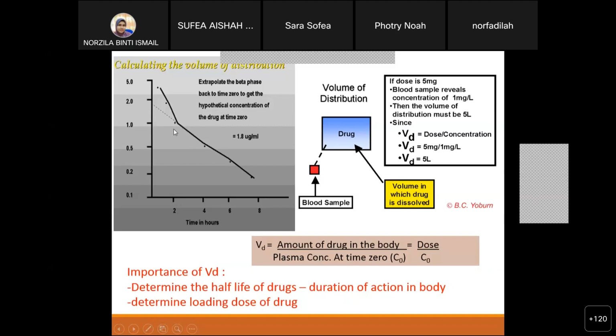So we can plot the graph. After we finish taking the blood, we can plot the graph like this. We can extrapolate the line to the 0 value of the x-axis, so we can get the plasma concentration at time 0.